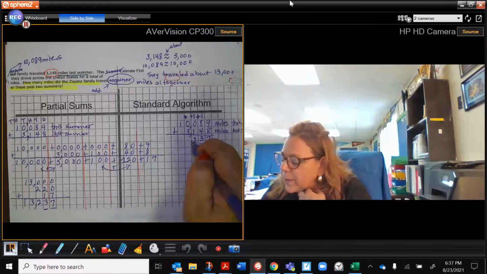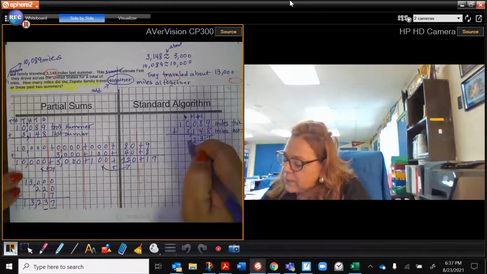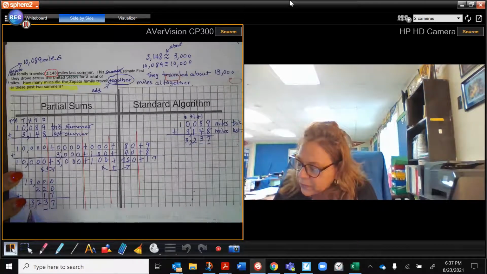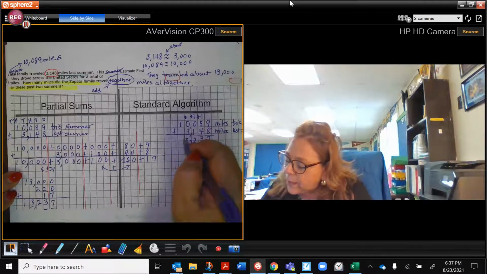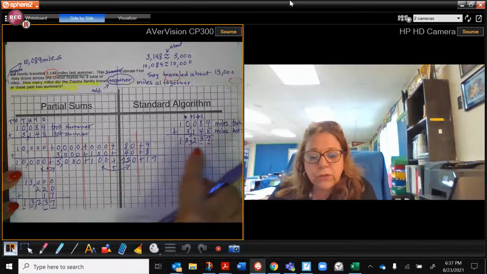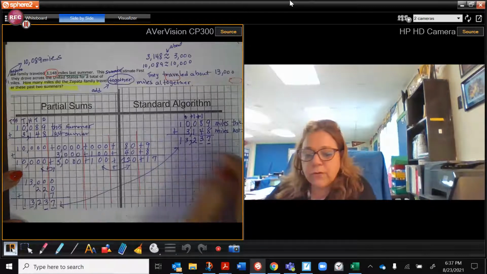I'm going to put in my house comma for 1,000. 3 plus 0 equals 3. So far, do I have 3,237? Yes, we do. And now I'm going to bring down my 10,000. And do we end up with 13,237? So that's how many miles they traveled.